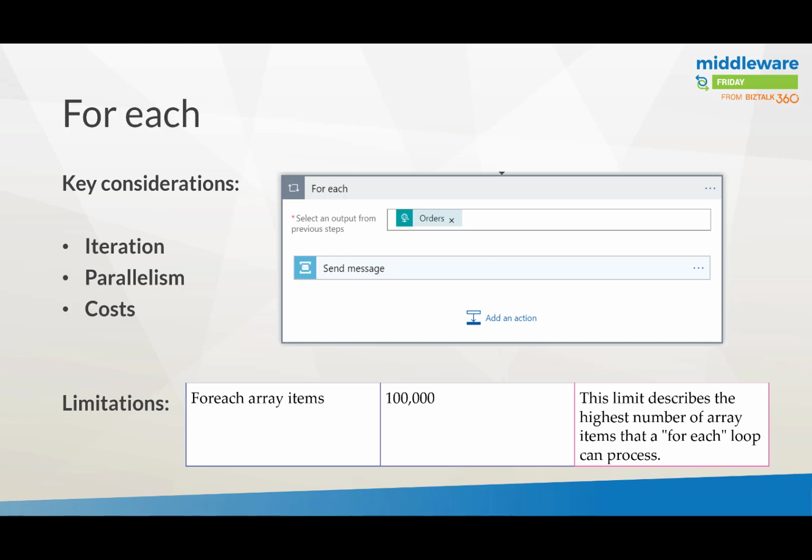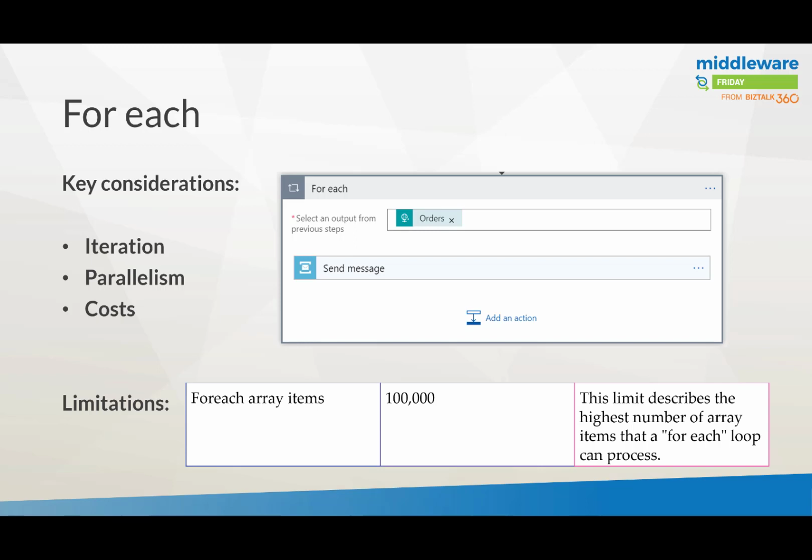And what you have to think about too, with for each but also with do until, is costs. While you're looping through an array of items, let's say thousands and thousands of items you have to iterate through and do some processing, you might think about an alternative like functions. There's also a limitation with for each: the limit is 100,000 items you can process in an array.